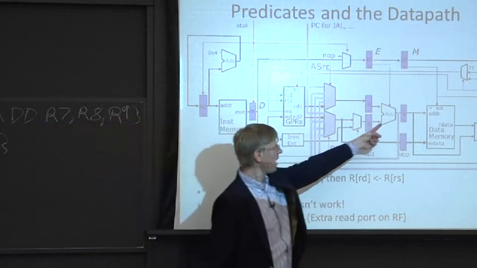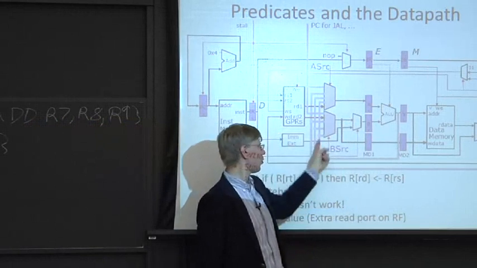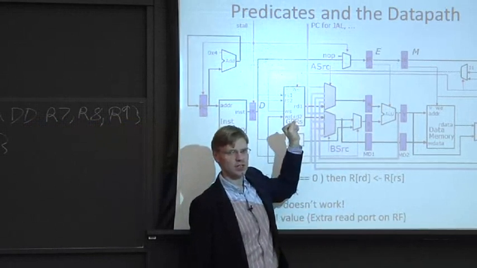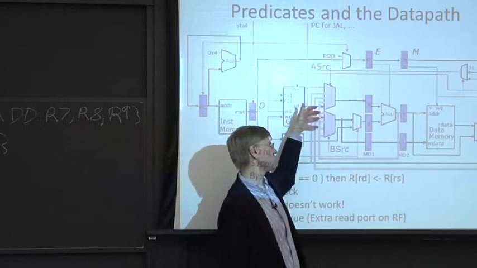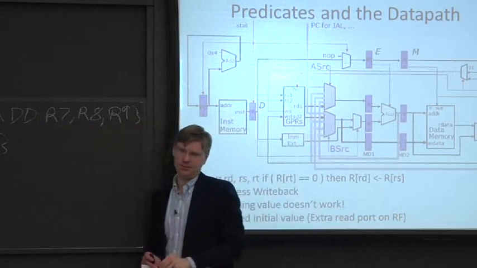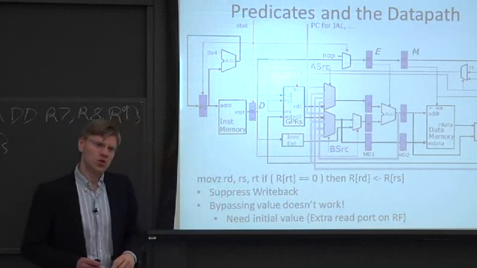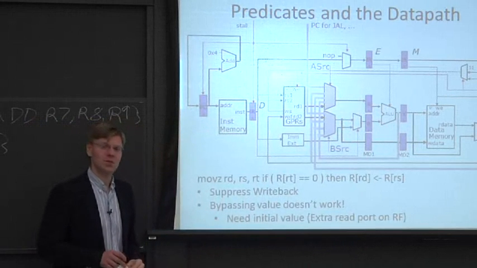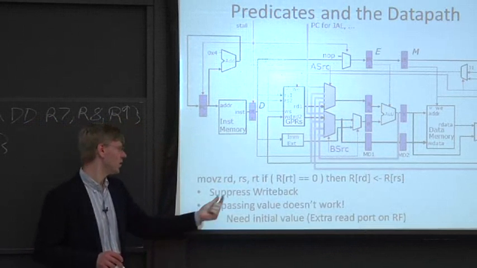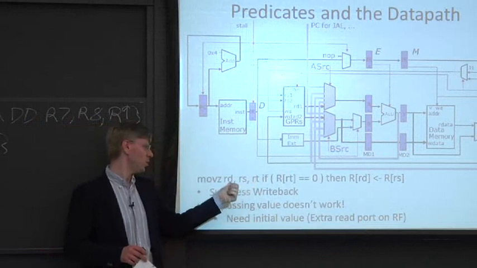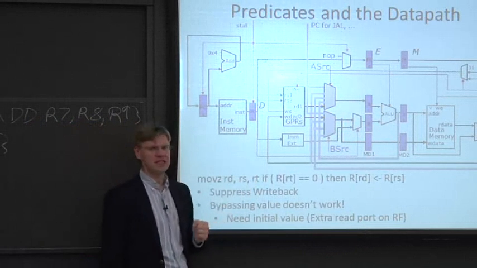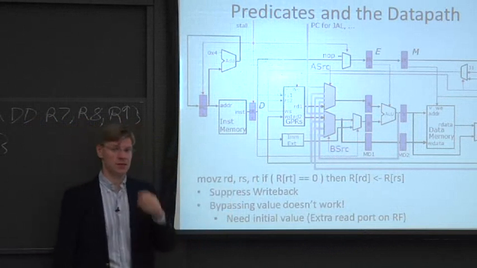Well, in the bypass path, when we provide this value around back to our bypass registers or our forwarding logic here, or bypass muxes, we need the old value of RD. So in some sort of traditional RISC pipeline here, we're only going to fetch our two sources, and we only write one location. So we're going to fetch RS or RT, and then we're going to write to RD.